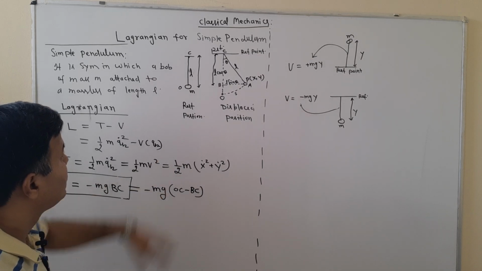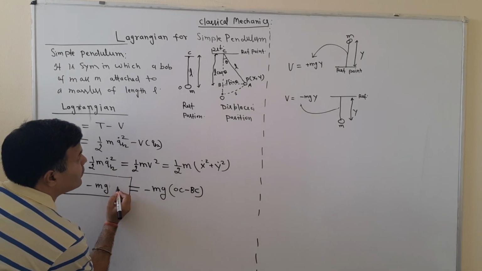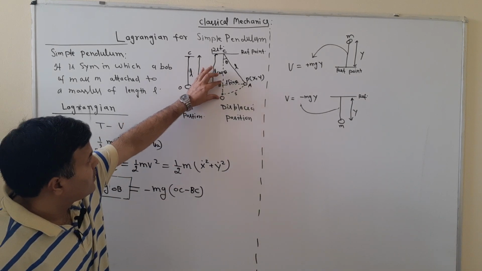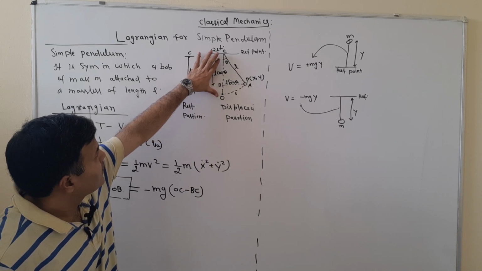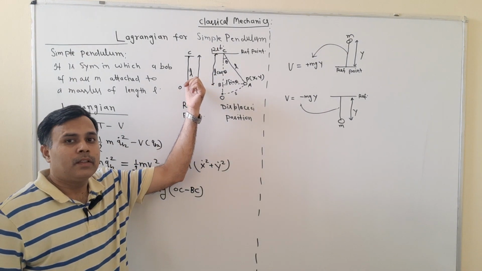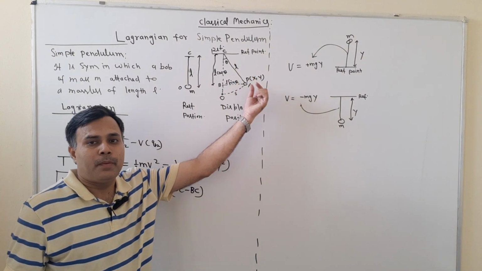So mg OB. And what is OB? This distance is simply OC minus BC. Because initially it was in this rest position, it will disturb, so there is change in position of our system.